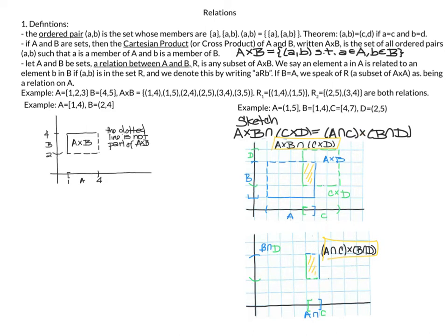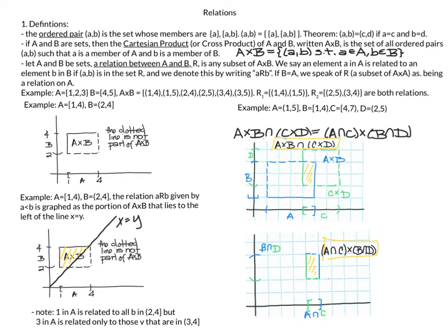Here I have my boundaries for B intersect D, and here my boundaries for A intersect C, and I get this yellow region where the top and bottom are dotted, the sides are solid, and you can see that the two graphs are equal.